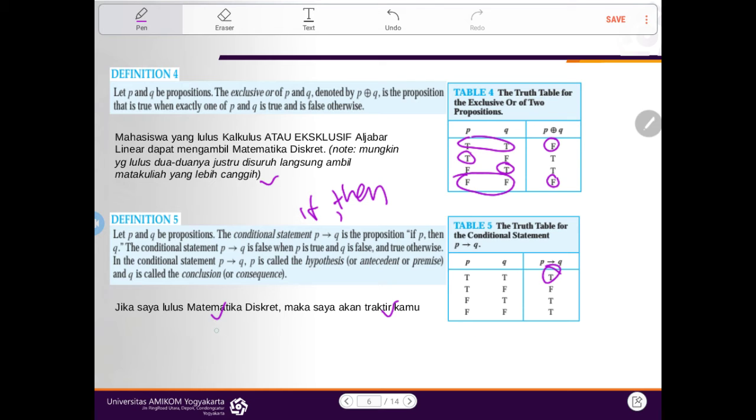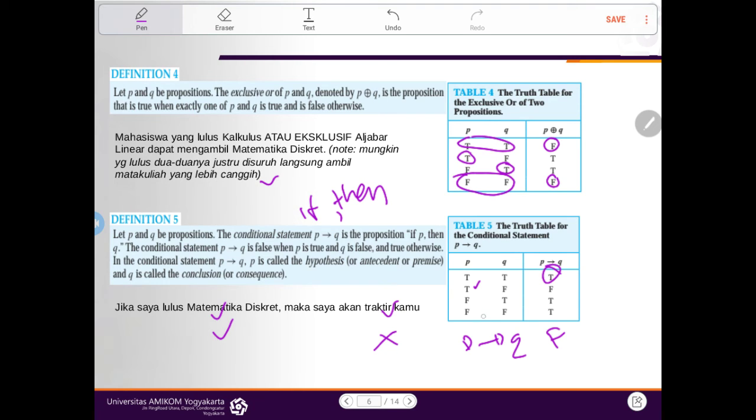And if P is true and Q is false, then if P then Q is false, because I don't treat you is wrong.